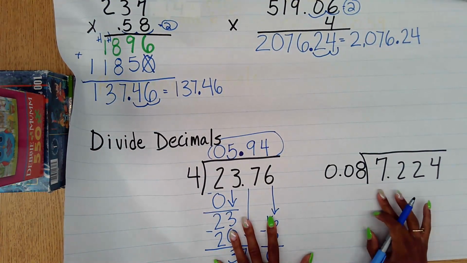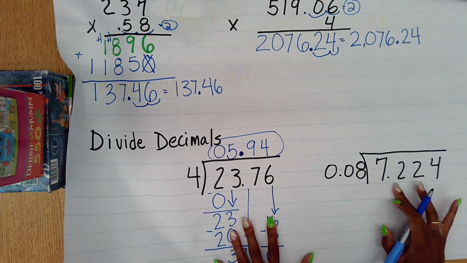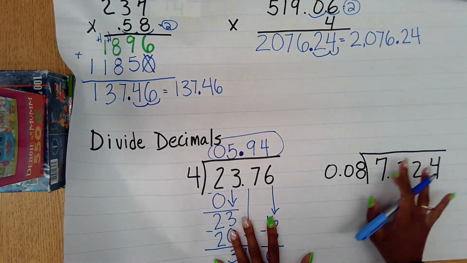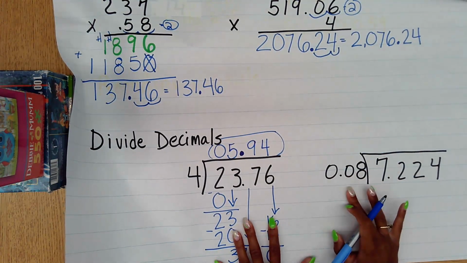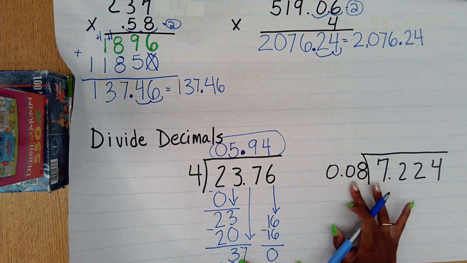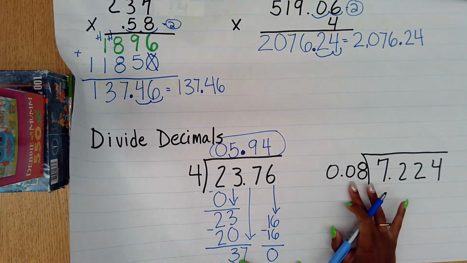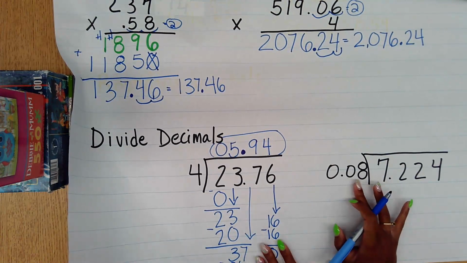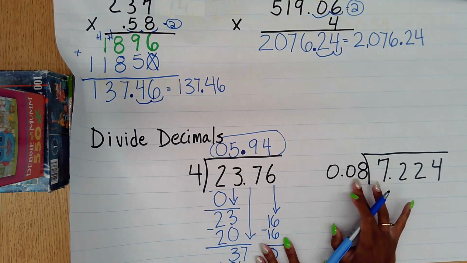My next example, I have 7 and 224 thousandths divided by 8 hundredths. So my divisor right now is not a whole number, and we need it to be a whole number. So I can take my 8 hundredths, I can multiply it by 100, and turn that into a whole number.